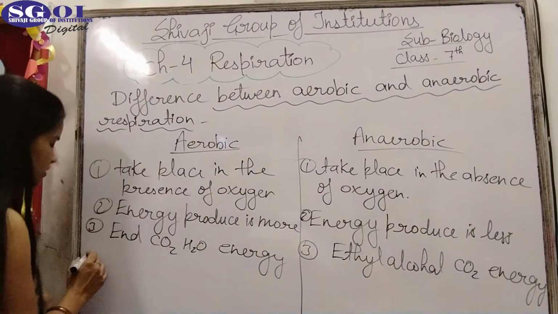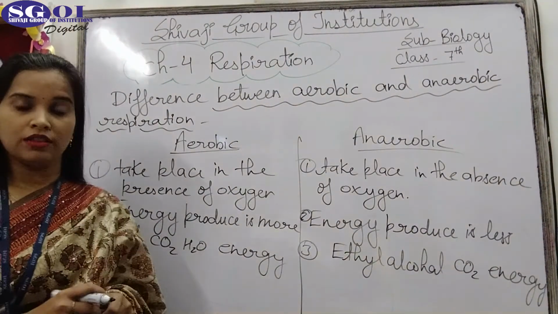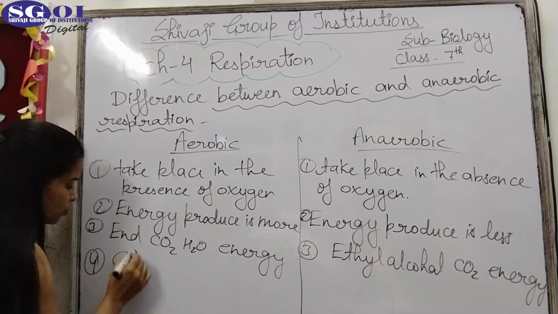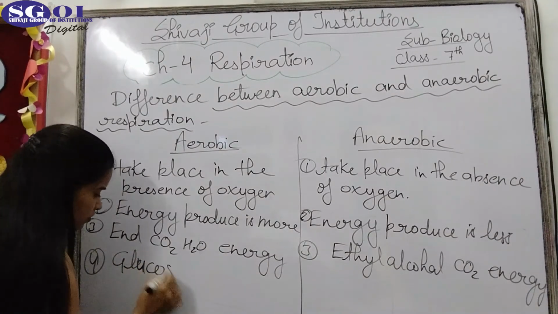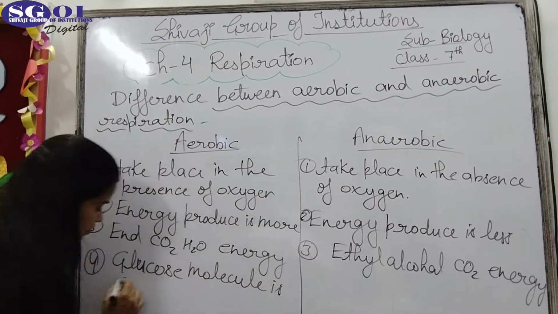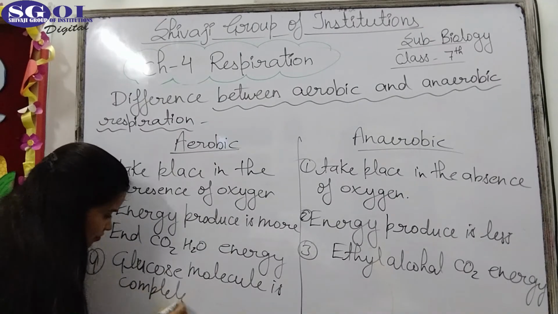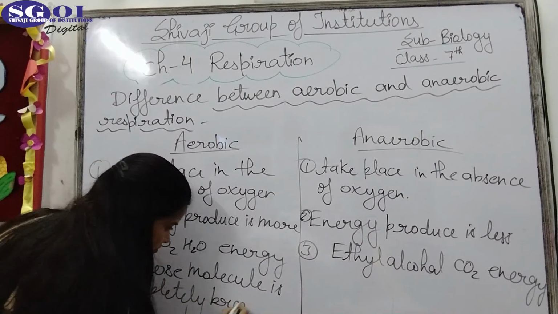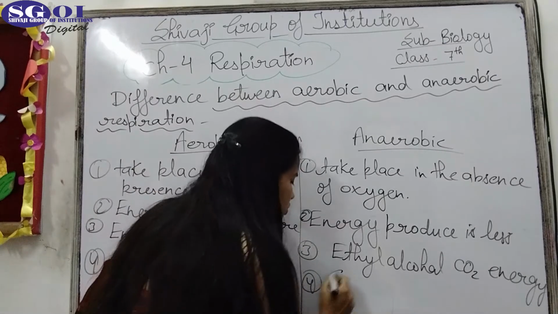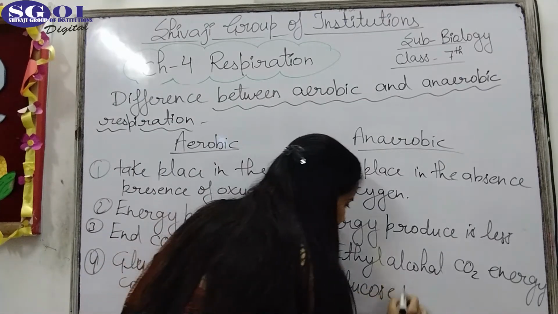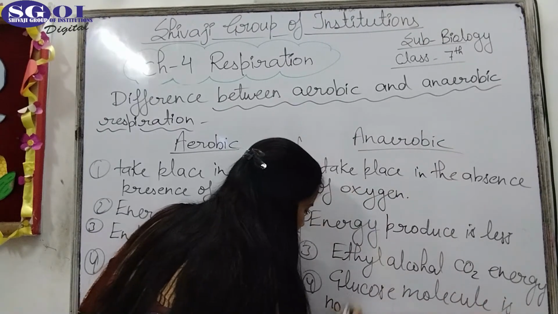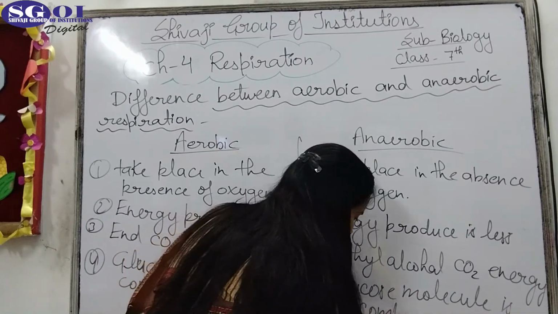And the next difference is that in aerobic respiration the glucose molecule is completely broken down. But in anaerobic respiration, the glucose molecule is not completely broken down.